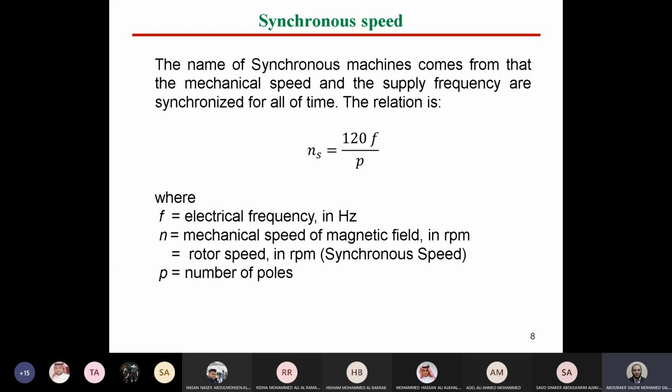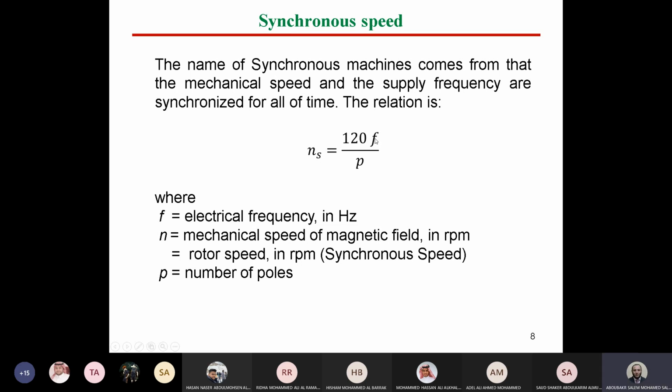Okay. Right. For now, the synchronous machine. Why is it called synchronous? Synchronous means there is a timing between two things. There is timing between two different things. What are these two different things now? The two different things are frequency and speed. So the frequency of the supply is in coordination with the speed of the machine.